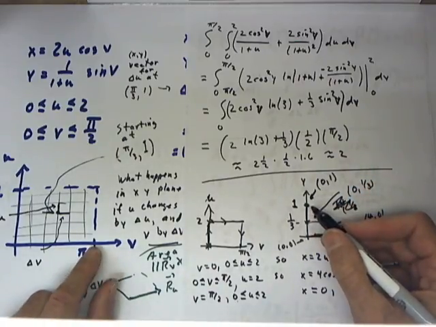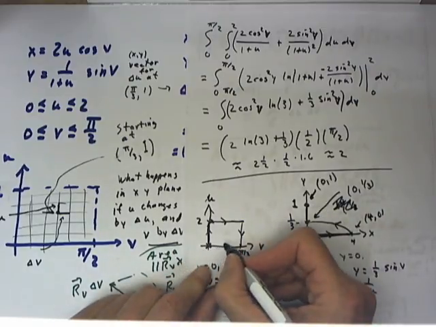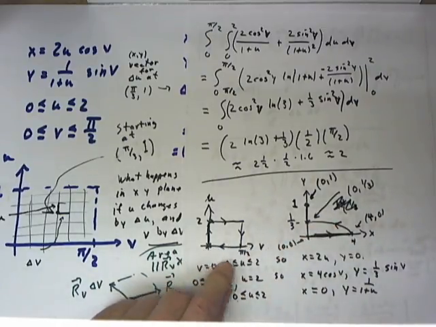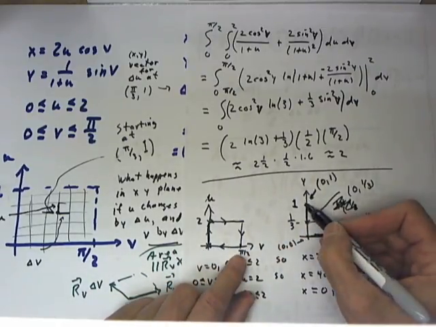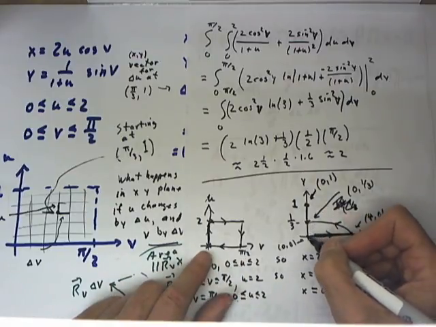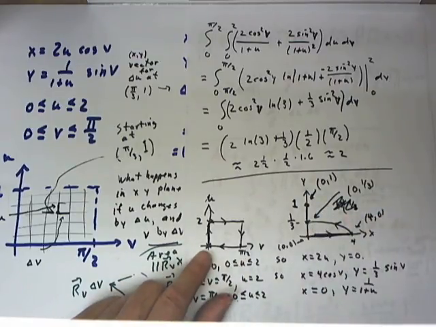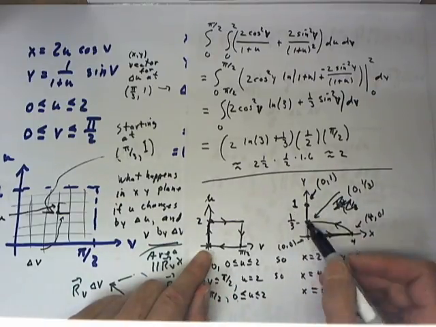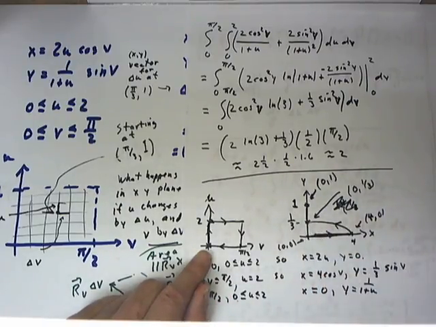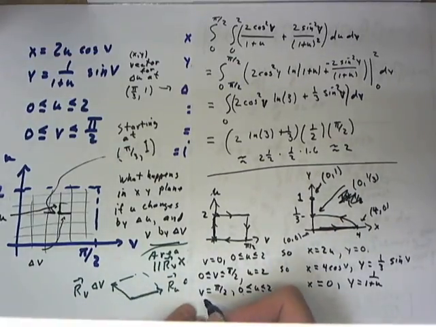Now, as we go from here to here, along this fourth part of the boundary, we're going to have to go from (0, 1) back to (0, 0). Let's see what path we take from here to here and how much area we enclose with that path. Let's see now.